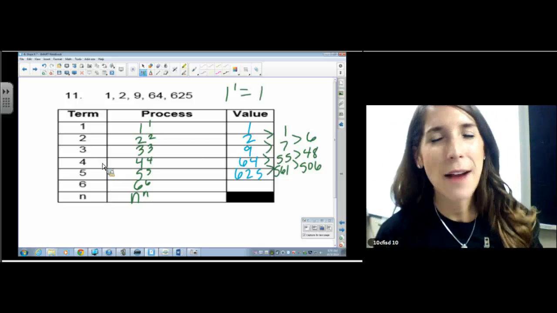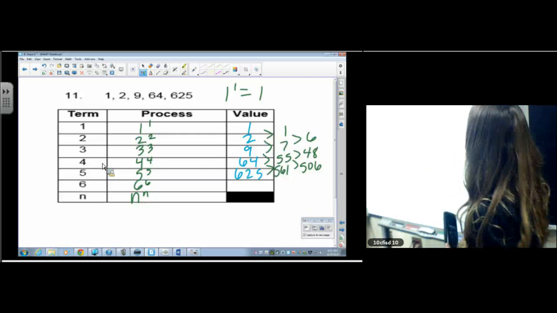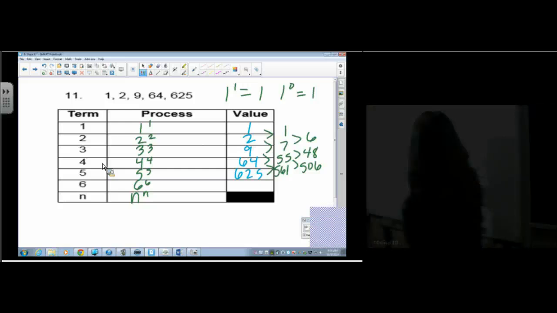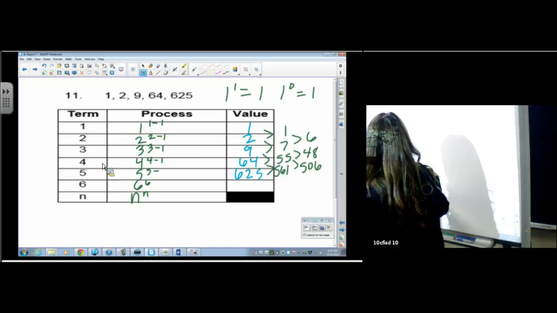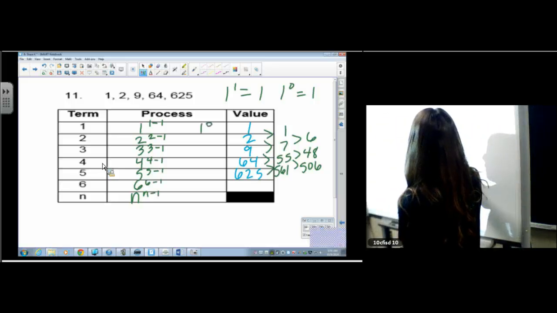But what else could I raise 1 to that would also be 1? 1 to the 0 is also 1. And so maybe we could do like we did the last problem, and maybe we could play with subtracting 1. Let's see where that would put us. That would be 1 to the 0. That would be 2 to the 1. 3 to the 2.